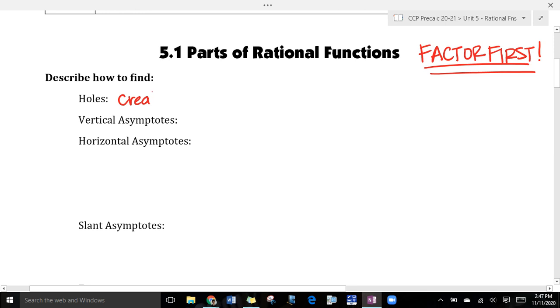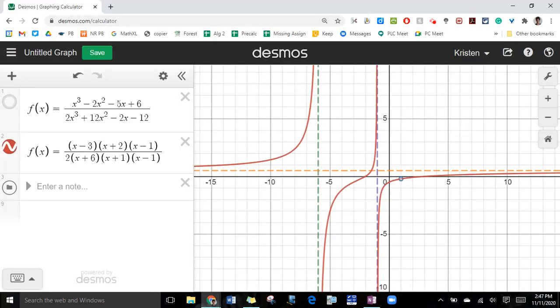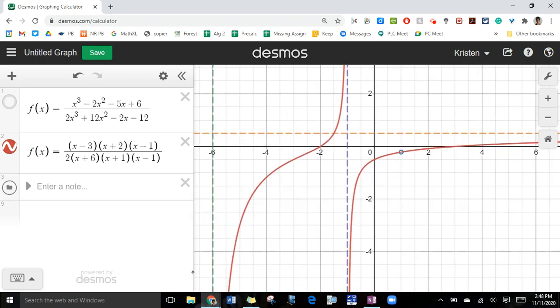So I'm going to say created by canceled factors. Okay, so any factor that's common to top and bottom that you would cancel out, that's going to create the hole. So we would set that factor equal to 0, and that's where we're going to find the x value of it. Okay, so the hole was at x equals 1, and it was x minus 1 that we were canceling out.